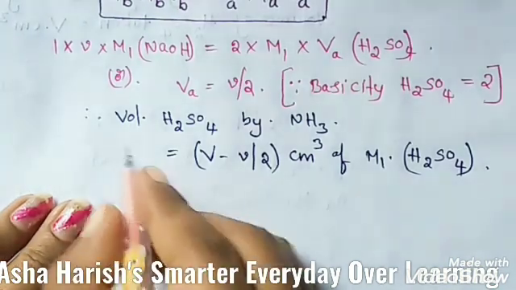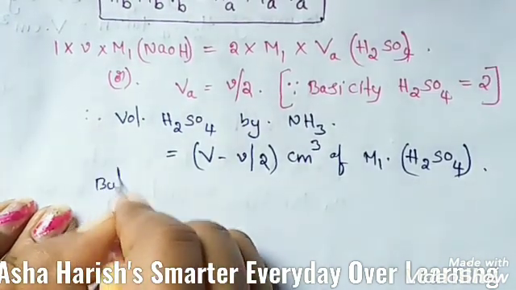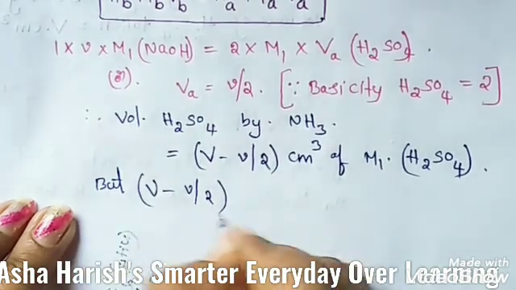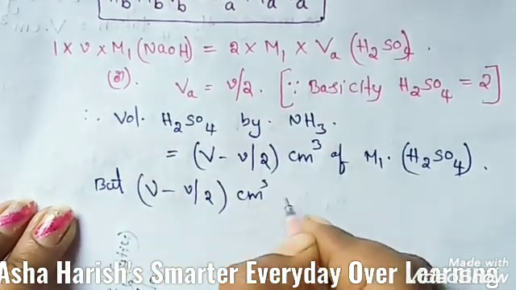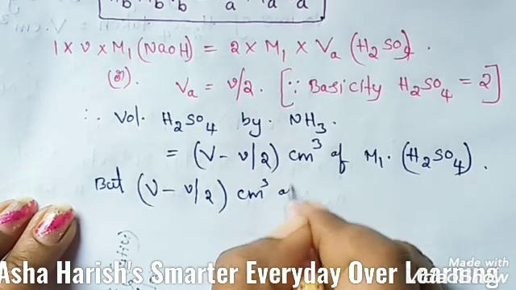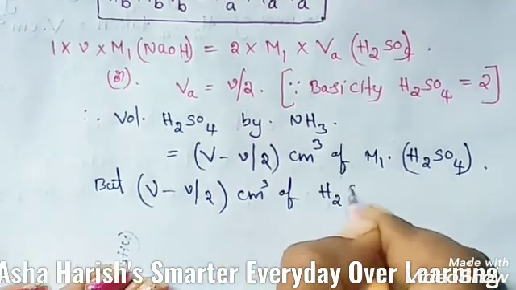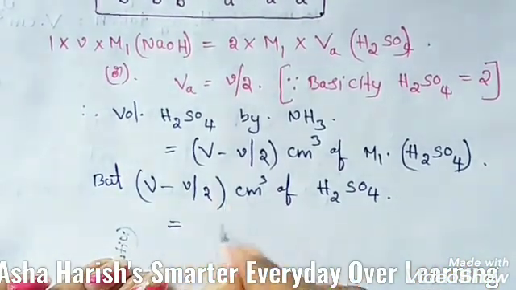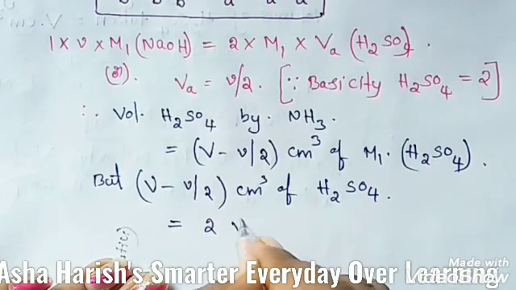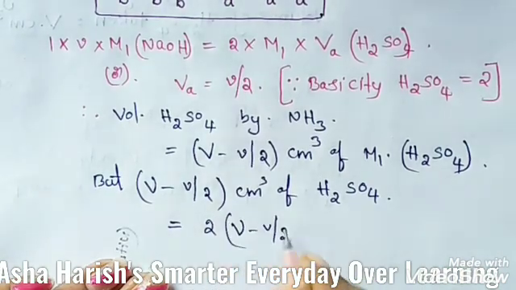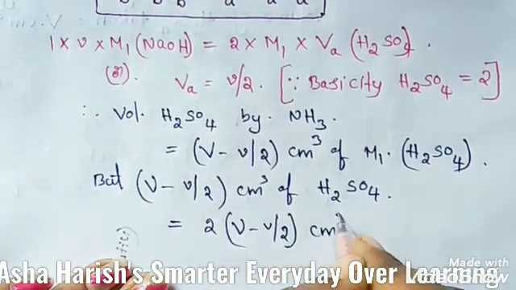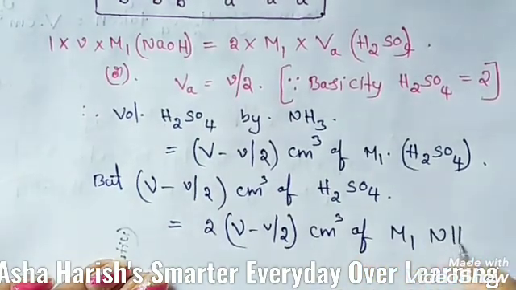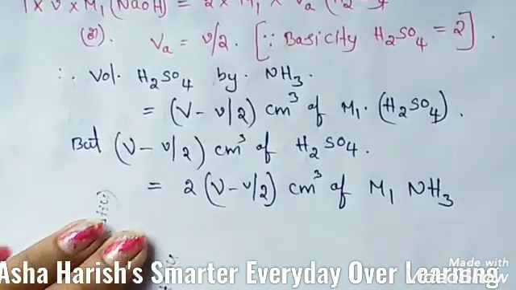But you know that capital V minus small v by 2 cm³ of H2SO4 is equal to 2 into (capital V minus small v by 2) cm³ of molarity of NH3, ammonia.